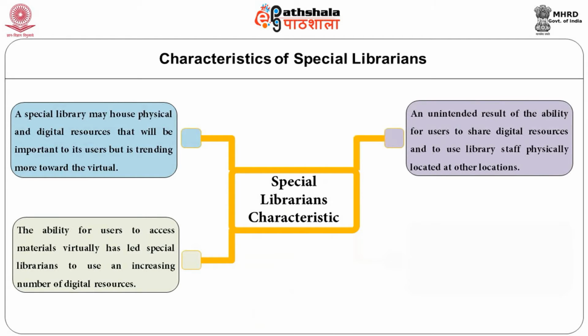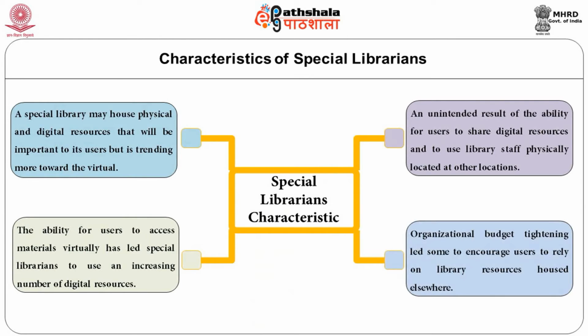An unintended result of the ability for users to share digital resources and to use library staff physically located at other locations has been the closure of some special libraries. Organizational budget tightening has led some to encourage users to rely on library resources housed elsewhere.